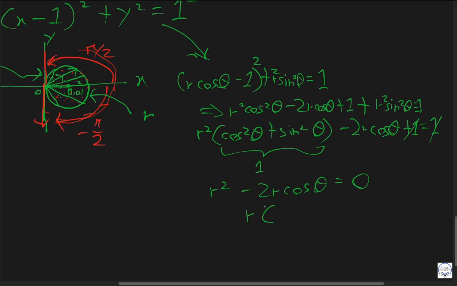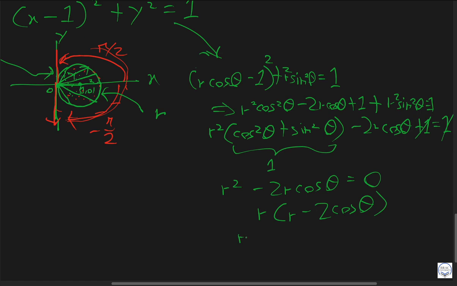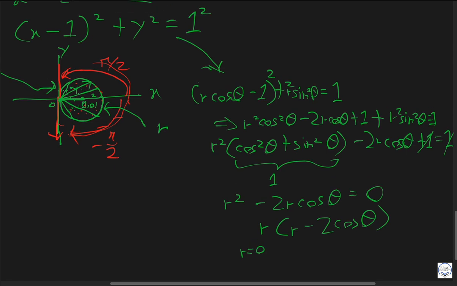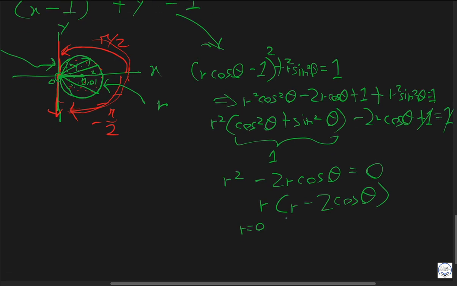This means that r(r minus 2 cos theta) equals 0. Now we have two solutions, where r equals 0, which describes the origin, and the other one is r equals 2 cos theta.